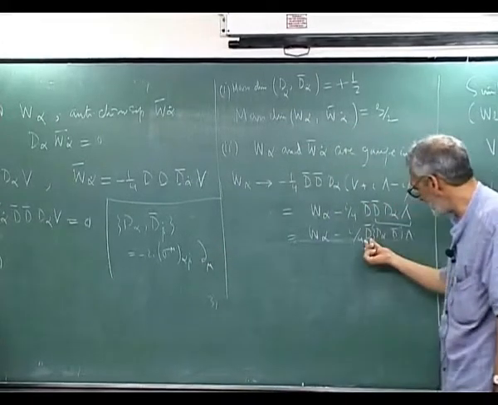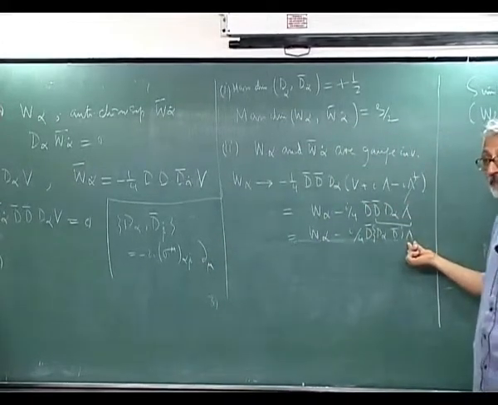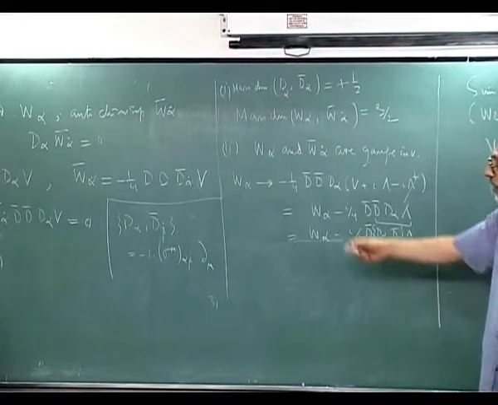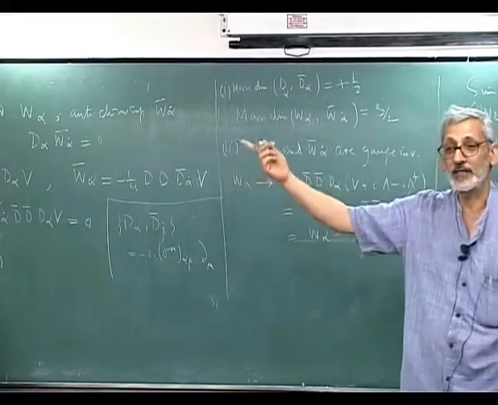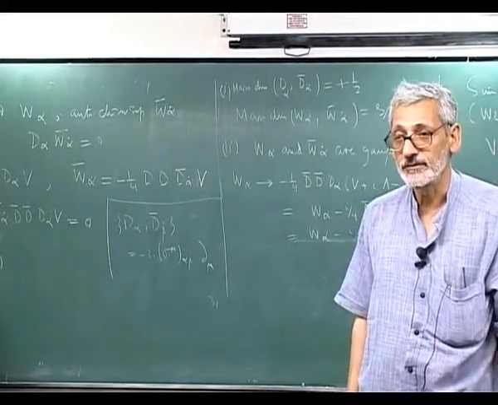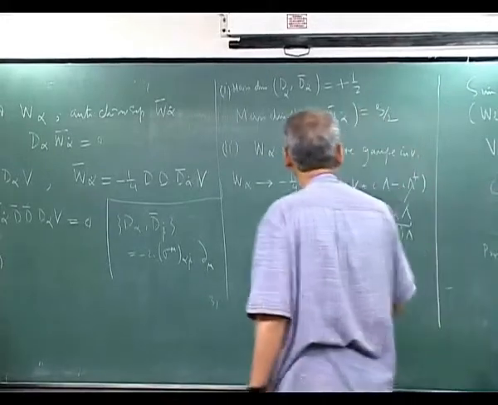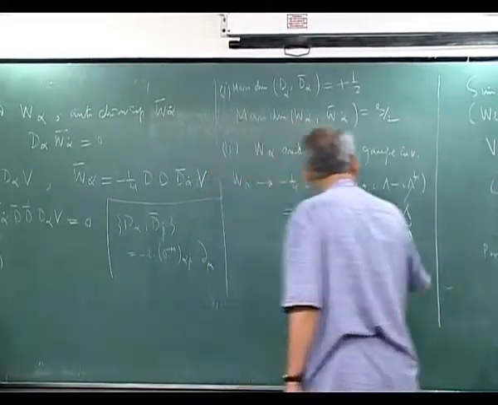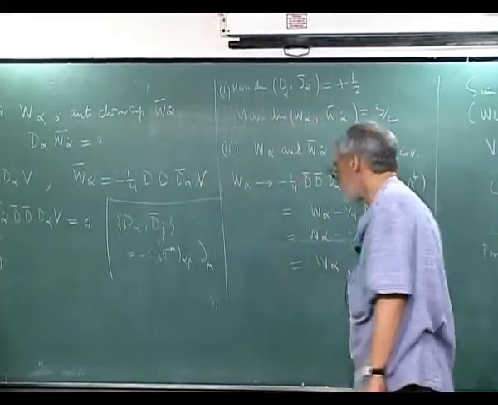So I can take this D bar across this and hit the lambda here, and D bar lambda is, because lambda is a chiral superfield, 0. Because this object is 0.